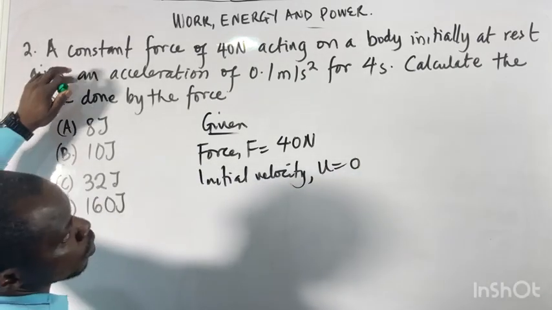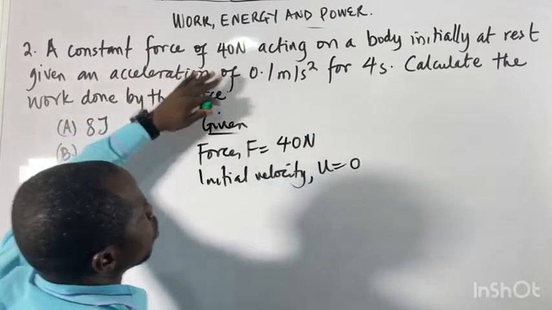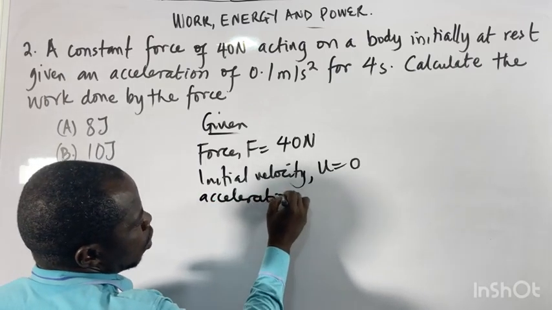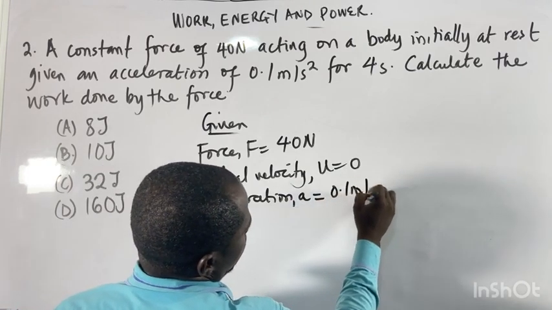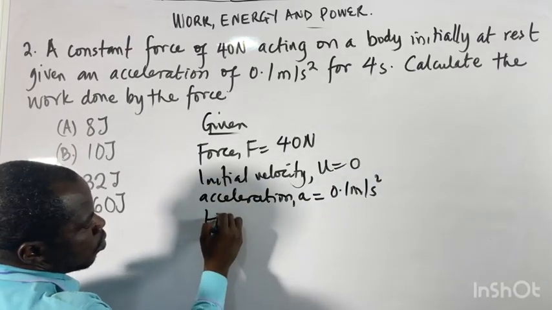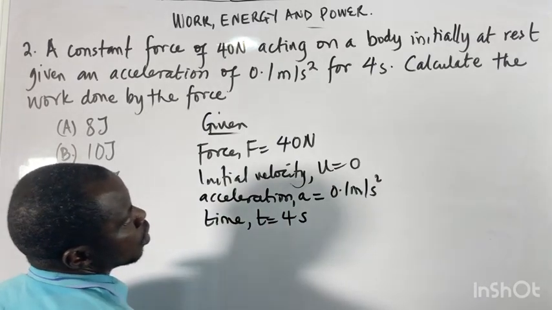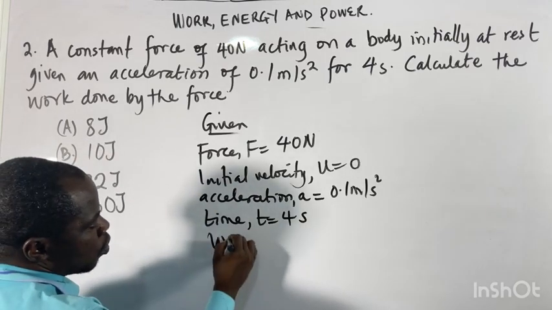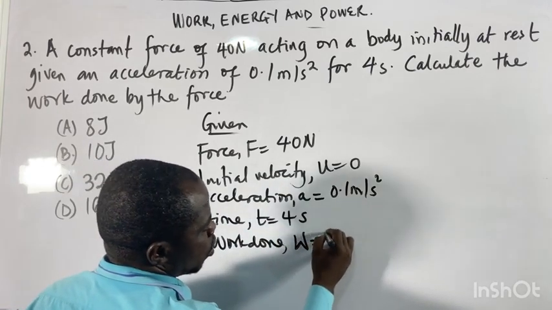It is given an acceleration a equal to 0.1 meter per second squared for 4 seconds, so time t is 4 seconds. Calculate the work done by the force. Work done, that's W, is unknown.